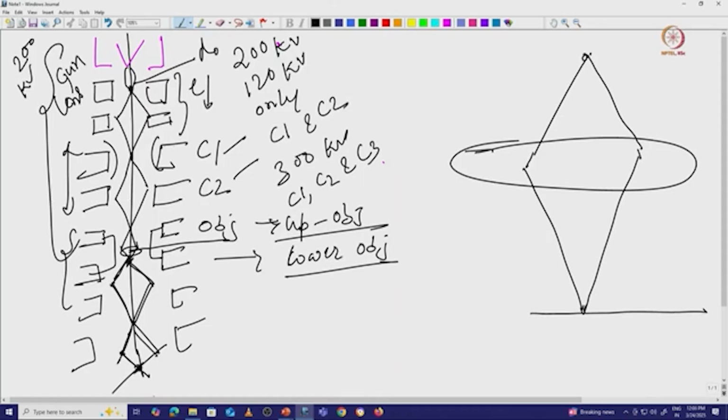If we start from a point source, we can image a point source at this point, or, using a stronger magnetic field, the magnetic field is working like that, pushing the rays.